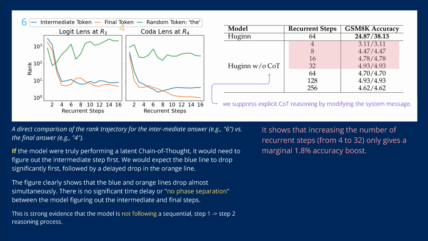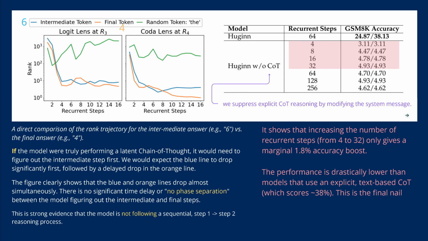So increasing the number of the recurrent steps only gives, in the simplest case, a marginal 1.8 percentage point accuracy boost, or even, it's not just a plateau, but it even has a slight backward trend. So the performance is drastically lower than models that use an explicit text-based chain of thought, because with the normal chain of thought, we are somewhere between 24 and 38%.